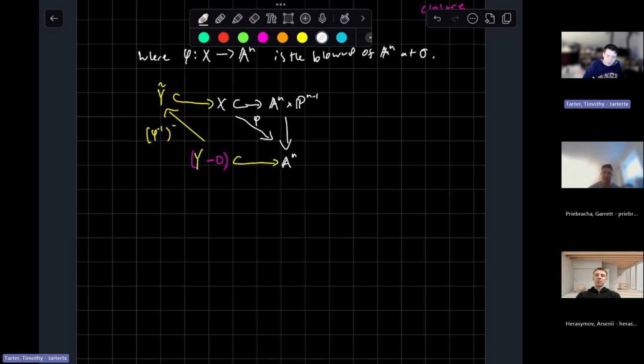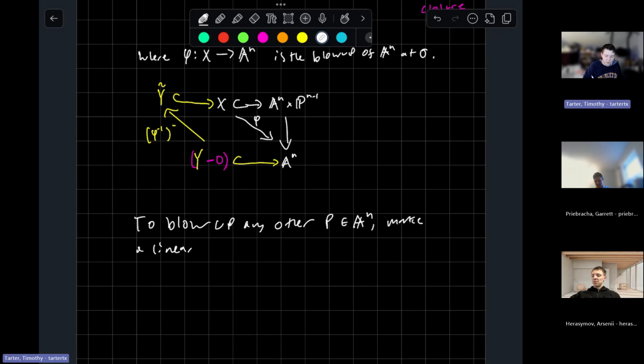So then the follow-up thing is, to blow up any other P in AN, all we have to do is make a linear change of coordinates. So again, this is our whole idea of zeros not really preserved in affine space.